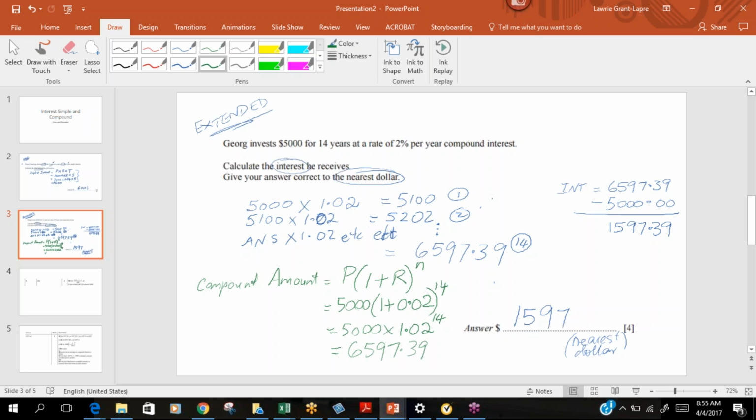And then remember, we want the interest, so we subtract our principal of 5,000, and we get 1,597.39, and then round off to the nearest dollar to give our answer.